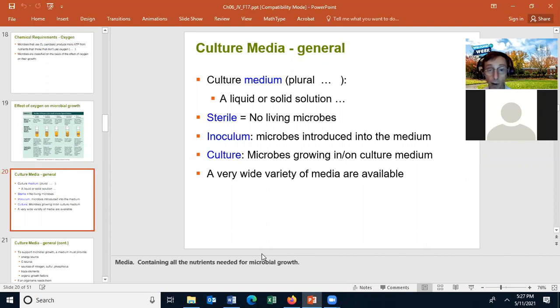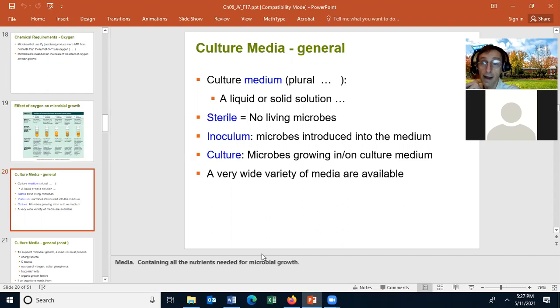There's a very wide variety of media that are available to grow microbes in a microbiology lab. If you were attending a real lab, I could pull up a book of the different types of media. Each page in the book lists one media.